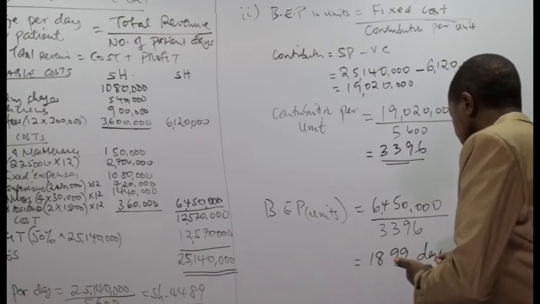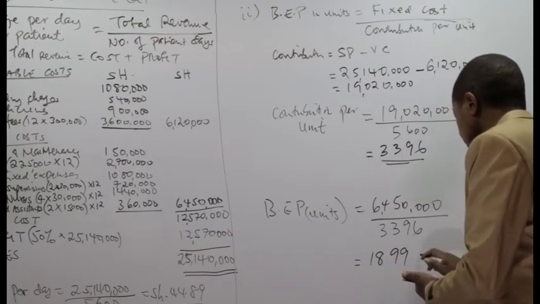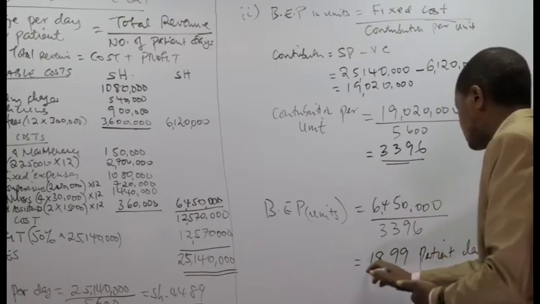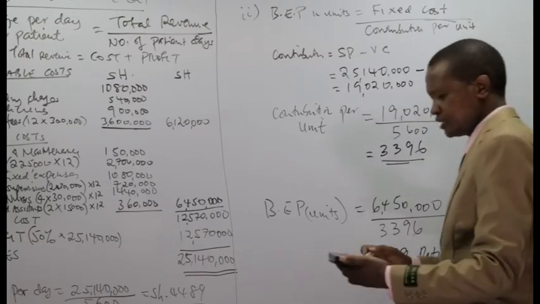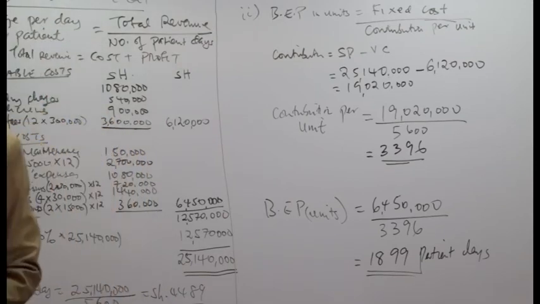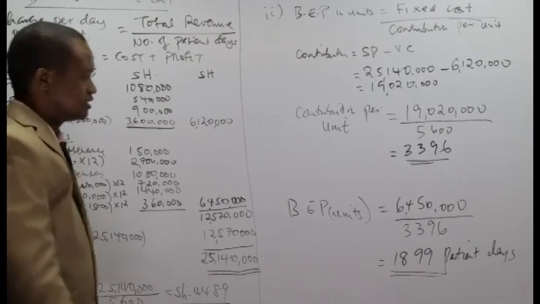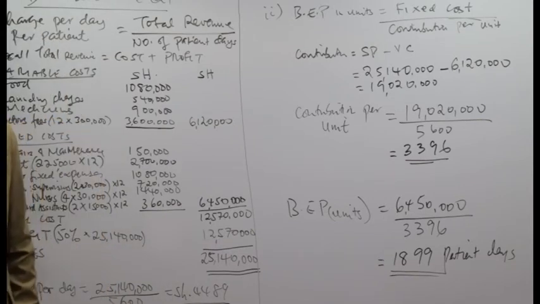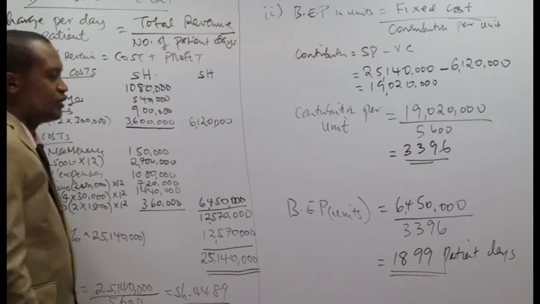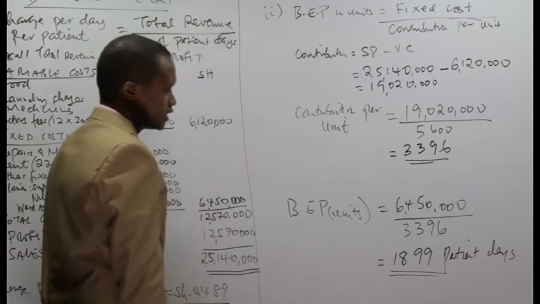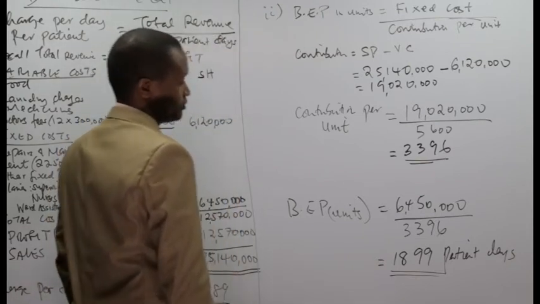1,899 patient days. These are the units, the break-even units. What does that mean? For this hospital, Afya Bora Health Center, to break even means reaching the point where the hospital is neither making profit nor loss.